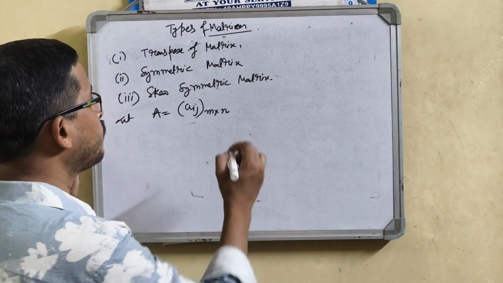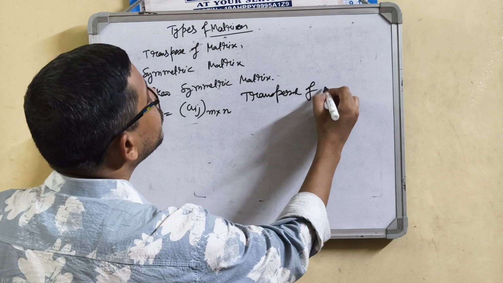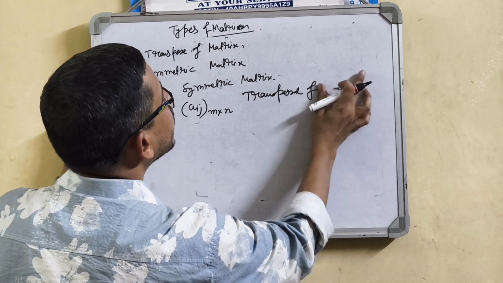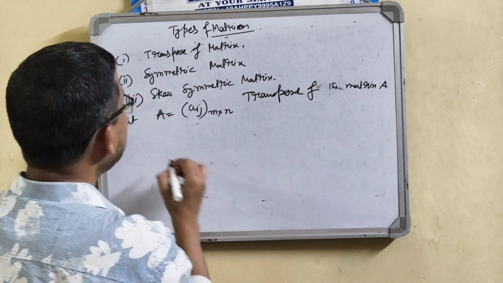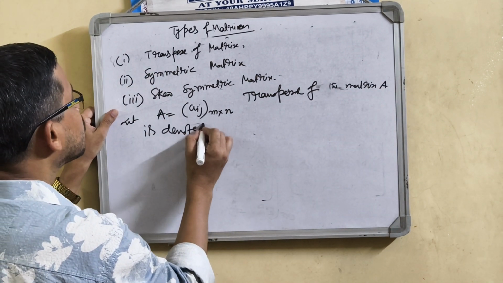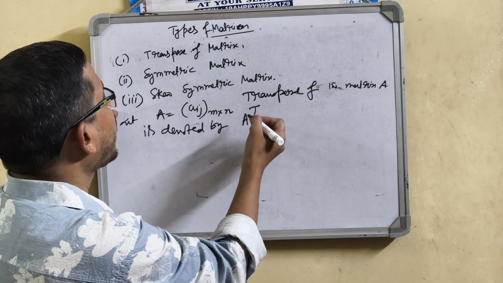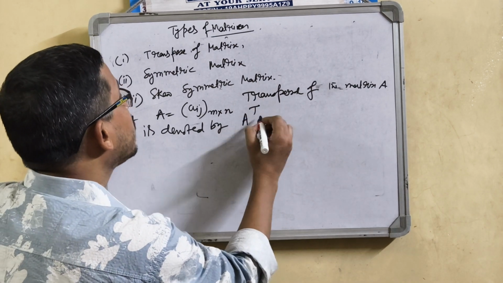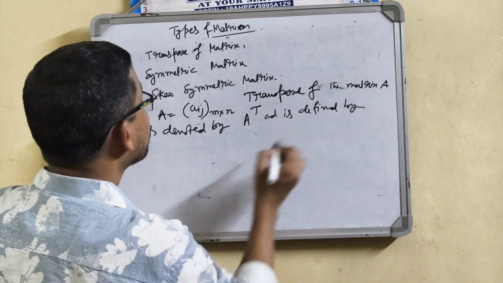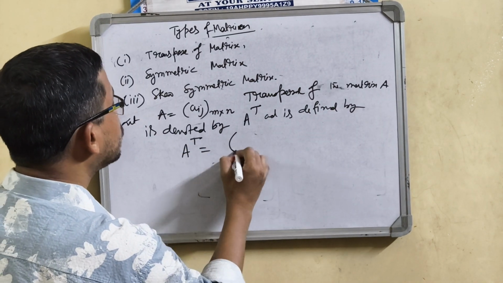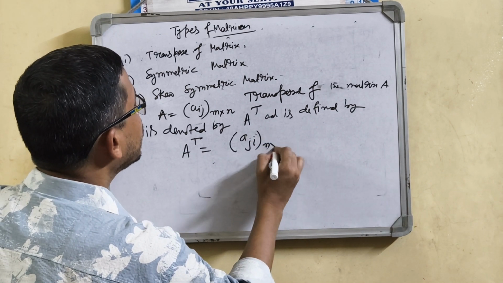Then the transpose of the matrix A is denoted by A transpose, where we write a T in the upper portion of A, and is defined by A transpose is equal to Aji of order n by m.